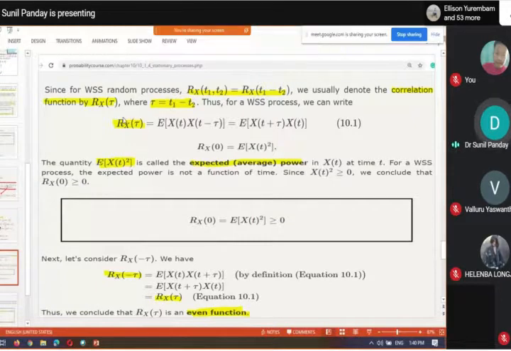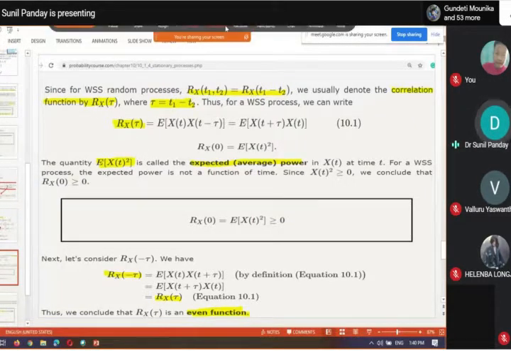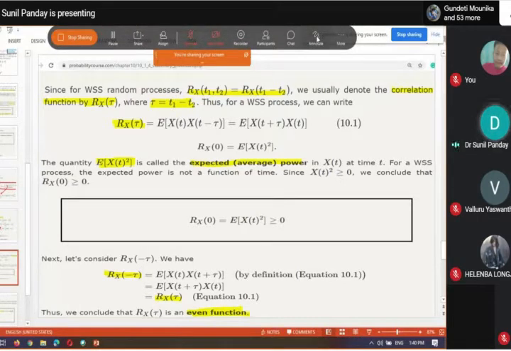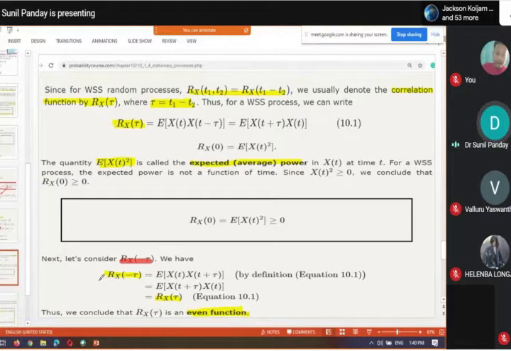Another property is that Rx(tau) for wide sense stationary processes is an even function of tau. You can try to calculate Rx(minus tau). Rx(minus tau) equals the expectation of x(t) x(t plus tau), where you replace tau by minus tau.